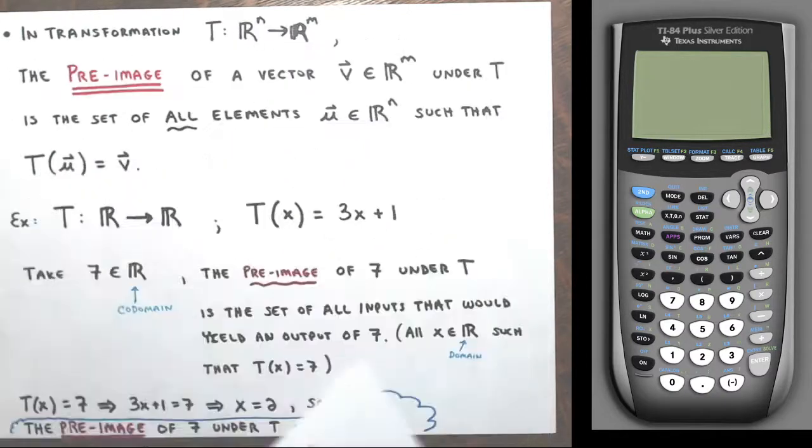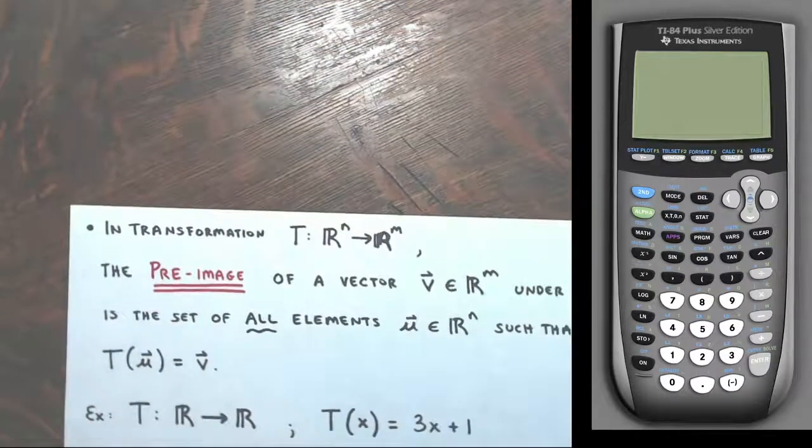But the pre-image of an output, like the pre-image of 7, might contain more than one value, might be more than just one input, because there may be more than one input that has that particular output as an image. So in this example, the pre-image of 7 has only one value in it, 2. But let me show you other examples. Sometimes the pre-image may have multiple values, infinitely many values, or no values. Let me show you here.